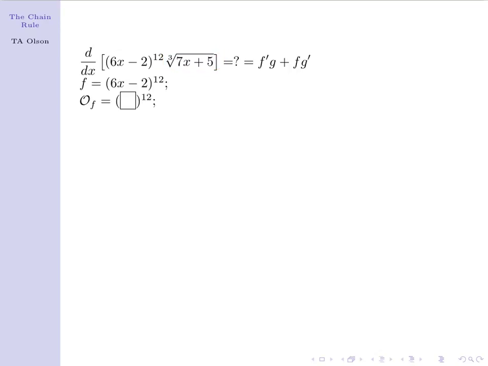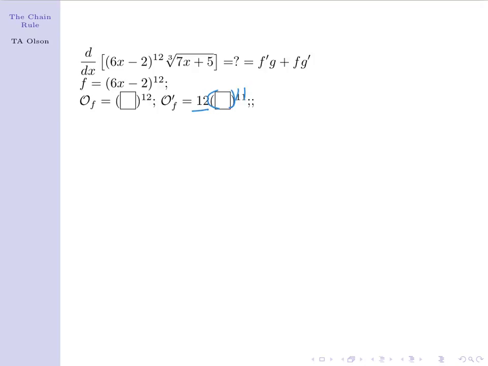All right, so first, let's talk about f. We have an outside function of blah to the 12th. The derivative of that is simply our power rule. So O prime for f is going to be 12 times blah to the 11th.